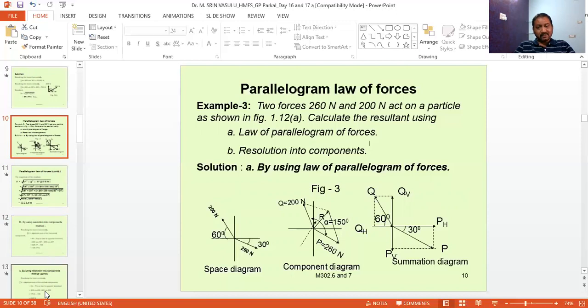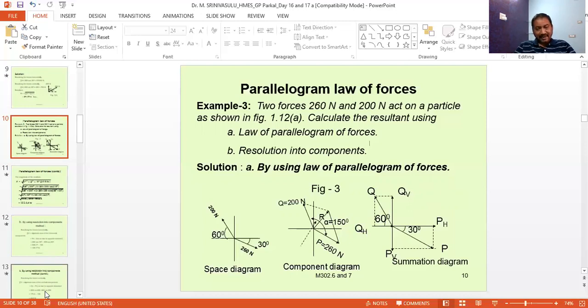So for the force P, if it is in the fourth quadrant, the x is positive, y is negative. And in the case of the force Q, because it is acting in the second quadrant, the y is positive and x is negative. Accordingly, we have to find out the algebraic sum. And here also, it is very important to note that the angles must be only from the x axis.